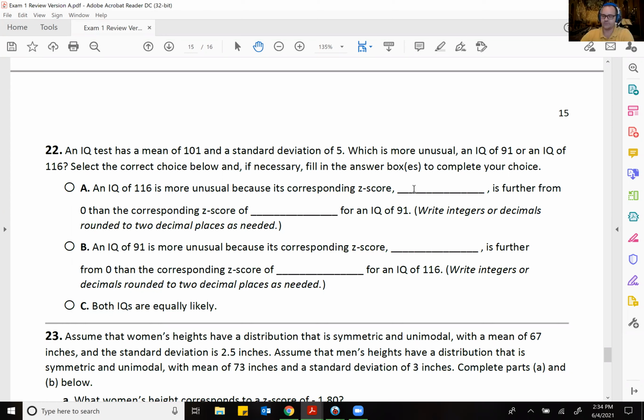That's the first blank. It is further away from 0 than the corresponding z-score of, what's the other one? Negative 2.00. Perfect. There's your two blanks. So we'll select A, 3.00, and negative 2.00. Yes, Catherine.